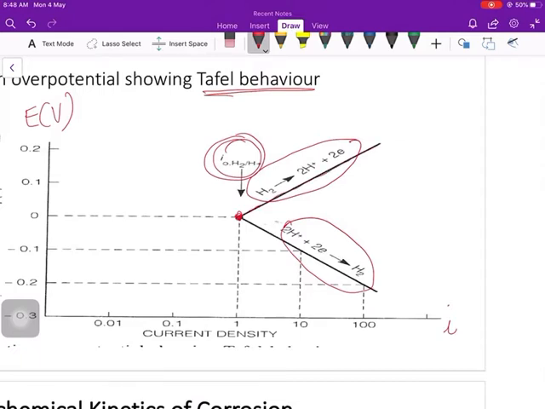So if the oxidation process occurs, it will move upward, so more positive. This is potential more positive. It means that the oxidation process occurs. So this is from 0 to positive 1. The oxidation state increases and it releases 2 electrons.